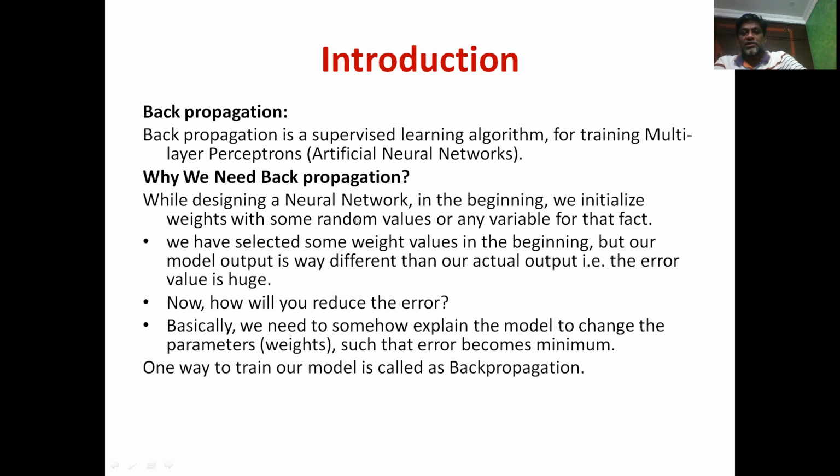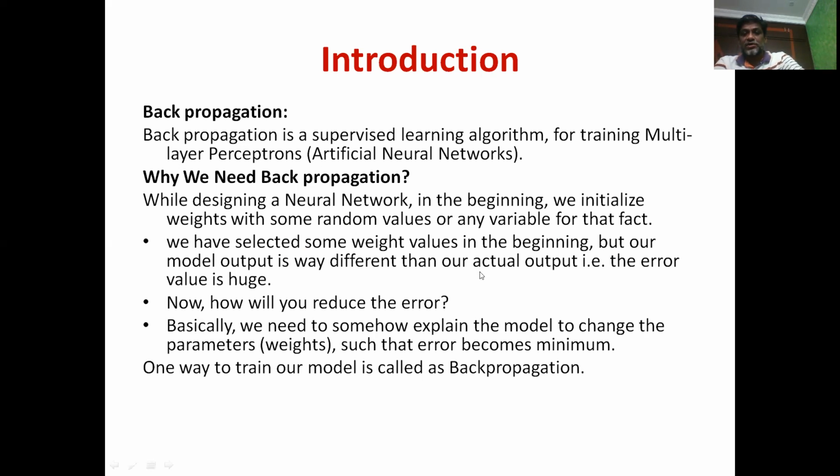That means we start with random weights connecting the neurons of the neural network. Then, by selecting some input pattern or input value, we calculate the output, and we compare the actual output produced by the neural network with the target output, that is, the desired output.